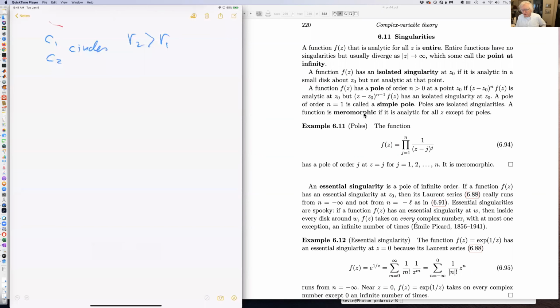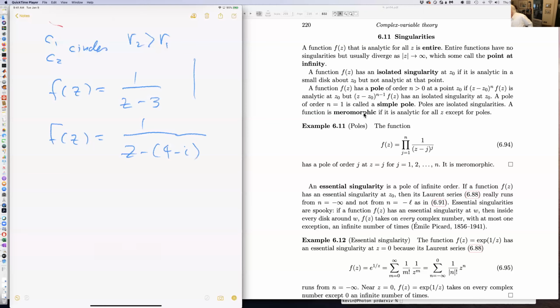So a simple pole is, for example, f(z) equal to 1 over z minus 3. So that has a simple pole at 3. And of course, these poles can be at complex values, so we could have f(z) equals 1 over z minus (4 minus i), for example. So that has a pole at 4 minus i.